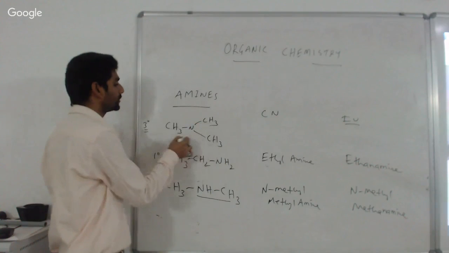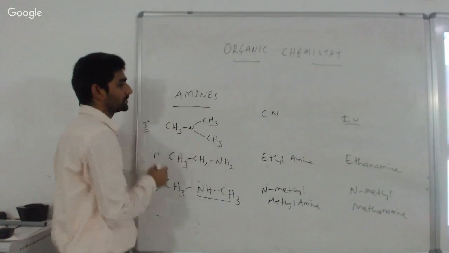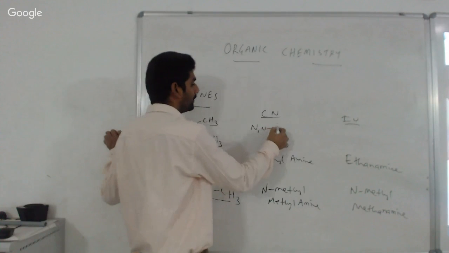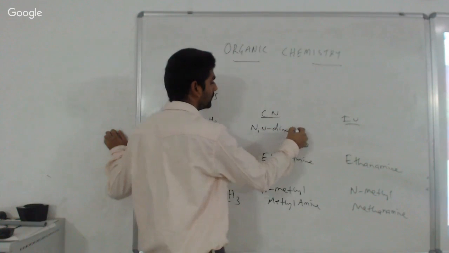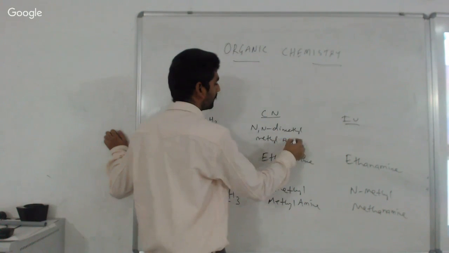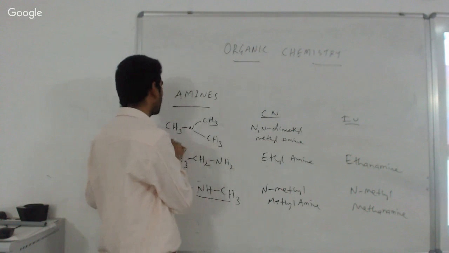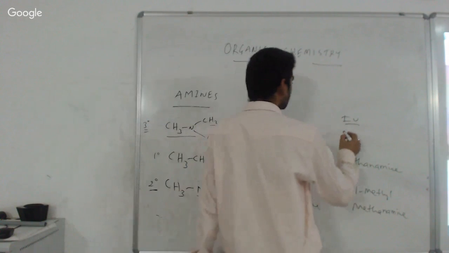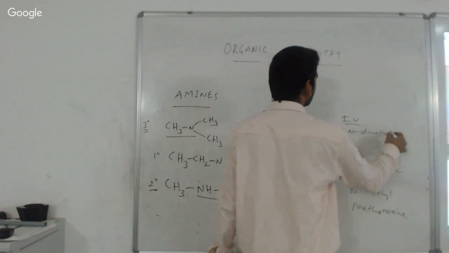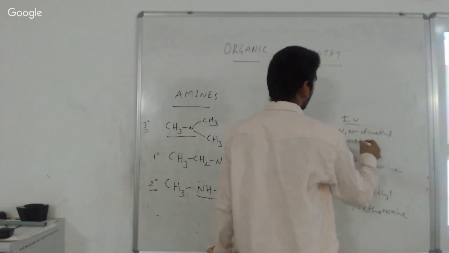Here nitrogen is attached to 1, 2, 3 carbons. The common name is N,N-dimethylmethylamine. The IUPAC name is N,N-dimethylmethanamine.